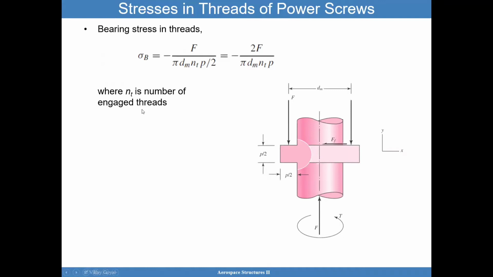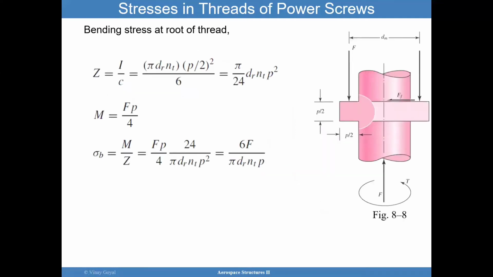It is very important to understand that in typical design, not all threads will be engaged. The fewer threads we put in the denominator, the higher the stress will be, so we recommend not fully accounting for all threads engaged, because that may not be the case in real life.